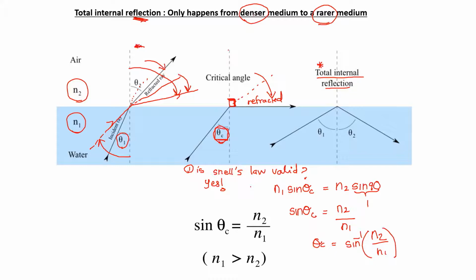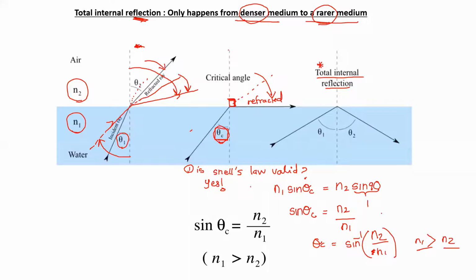So this is very important: total internal reflection, or having a critical angle, is only valid when light goes from a denser medium to a rarer medium. Here light went from N1 to N2, so N1 is higher than N2. N1 was water, the first medium, and it went to a rarer medium. So are you okay with the critical angle?